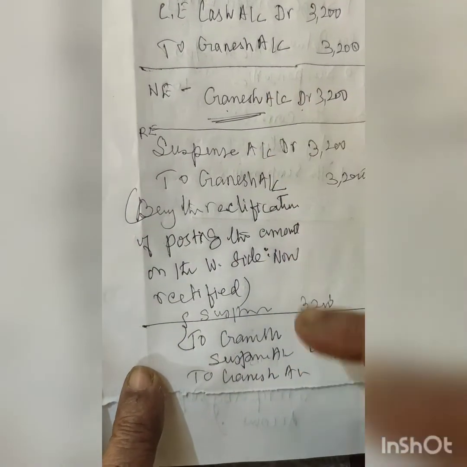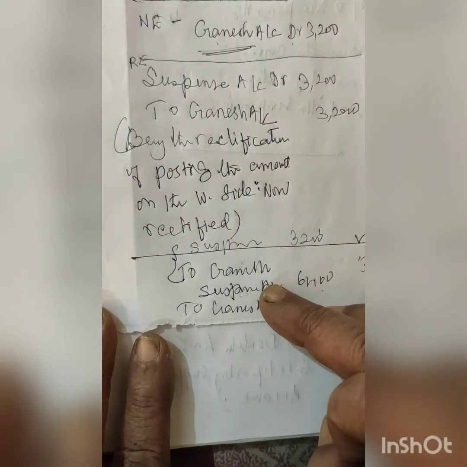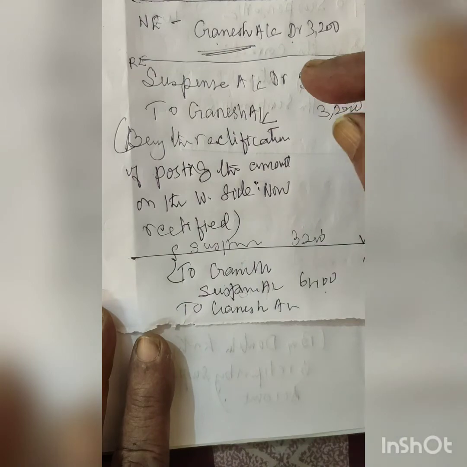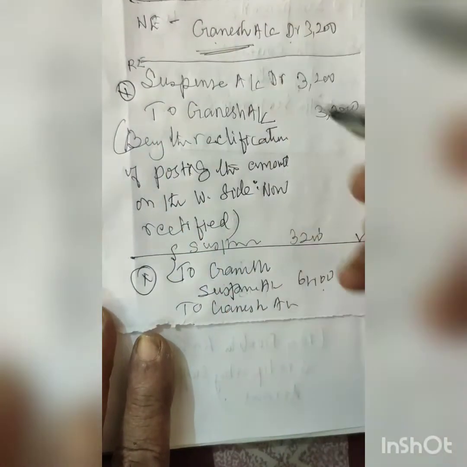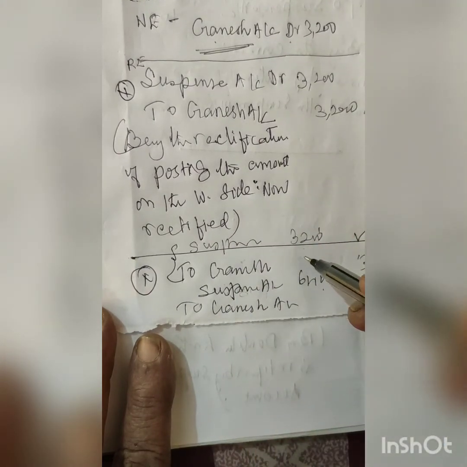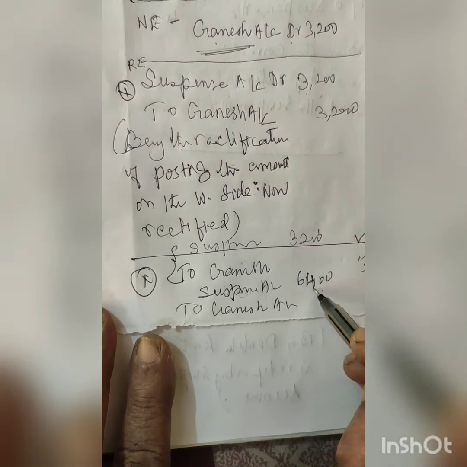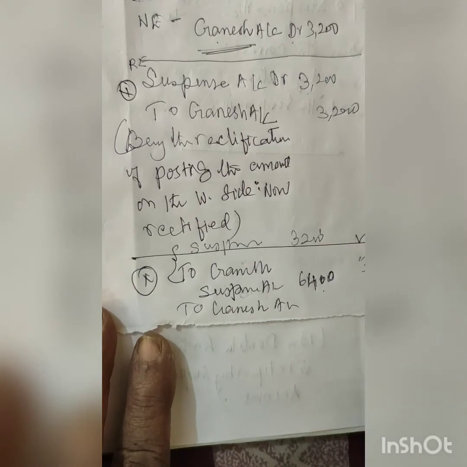Again, this is a reverse entry we are writing here, cancelling entry. Here debited, we are cancelling here by crediting it. Suspense account debited to Ganesh account. We are combining this one and this one. Both we are combining and write Ganesh suspense account debited with adding this 3,200, 2 times we are coming. So we are adding this 6,400 and to Ganesh account 6,400.